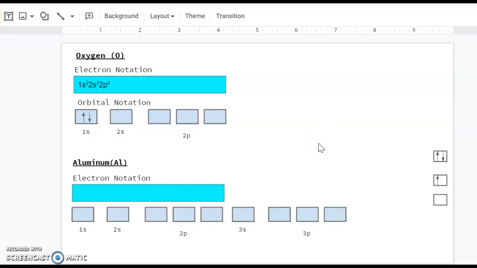That's what 1s2 would look like. Then we have 2s2. If you want to do it a shorter way, since you already know, you can copy and paste. Here's 2s2. So now we have a total of 4 electrons.